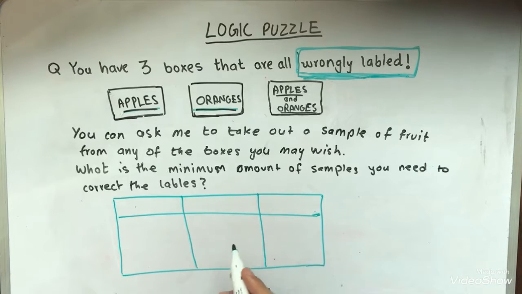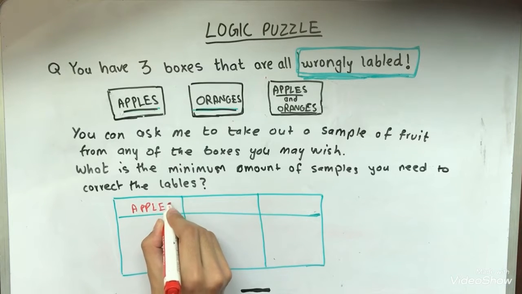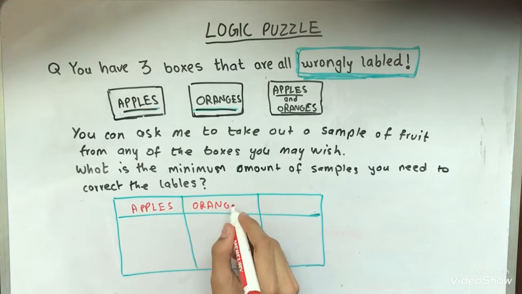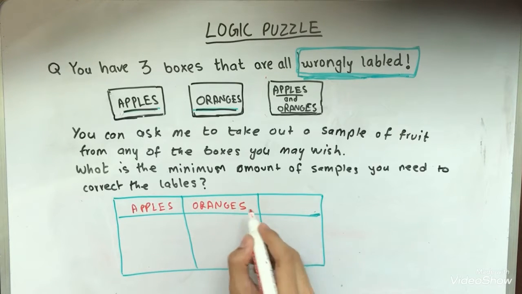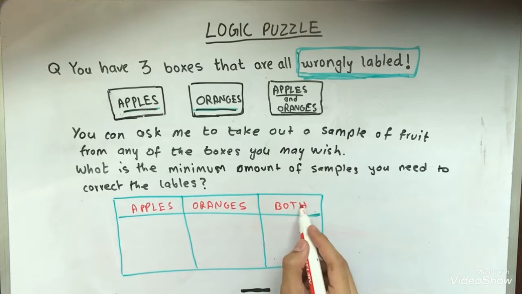It's up to you, but in this problem it is more convenient to make a table. So here you can write apples, oranges, and both. Instead of writing apples and oranges, I'm just using the notation both.